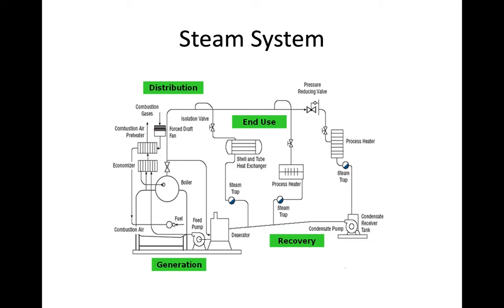There are many uses of steam at the end user, but typically steam is used for heating, then to drive equipment by transforming steam to mechanical energy, and third, for electric generation in a steam turbine and electric generator.